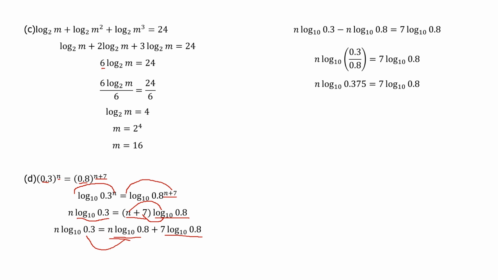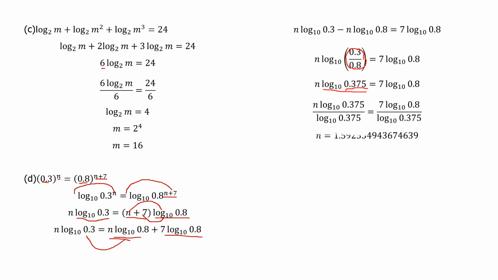Then I divide 0.3 by 0.8 to have 0.375. Then lastly, I divide both sides of the equation by this whole expression. Then I get the answer, and I round it off to 4 decimal places as 1.595.